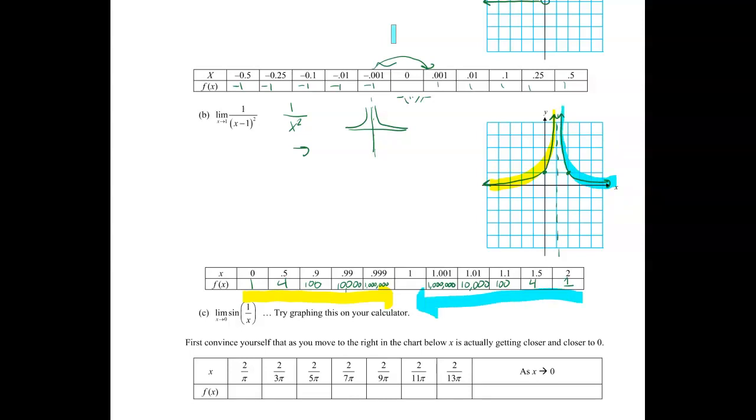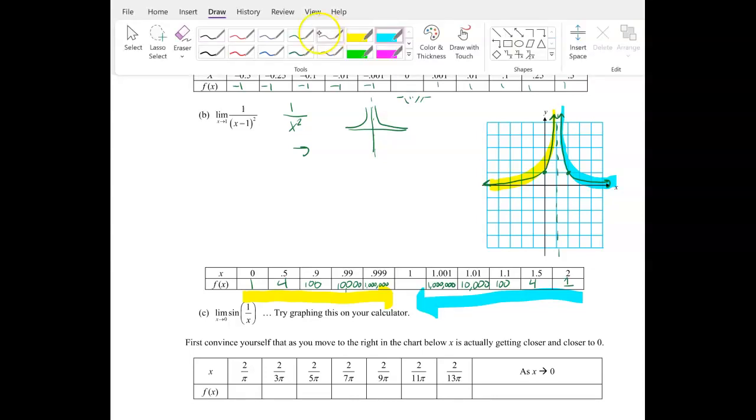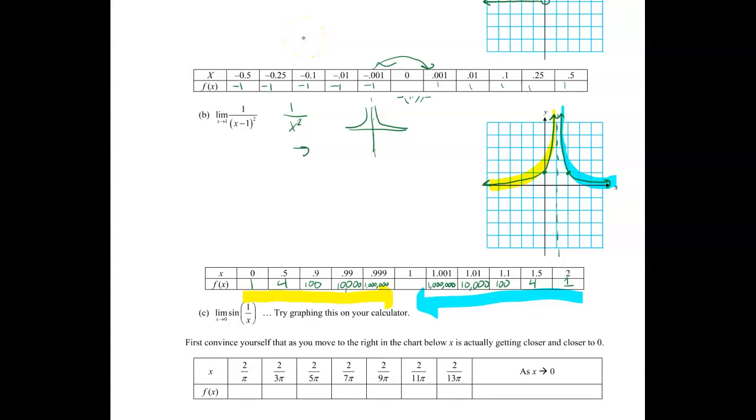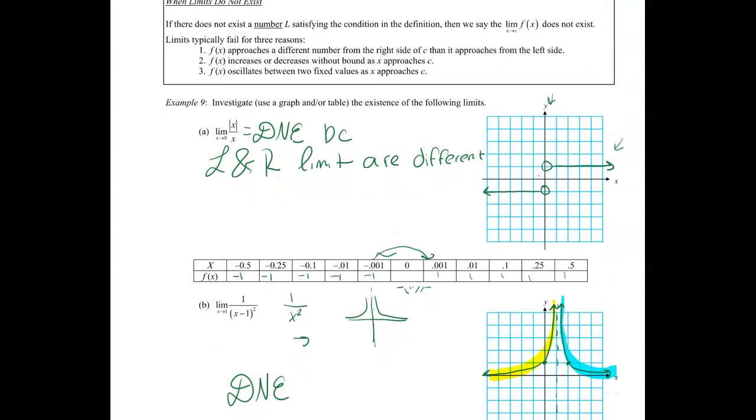I'm not approaching any one number. It's just getting gigantic really quick, which is kind of intimidating. Because of this, it's not approaching any one number. The limit would not exist, because it is increasing without bound. So that's what that looks like.